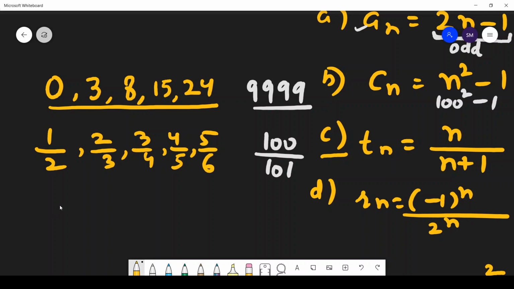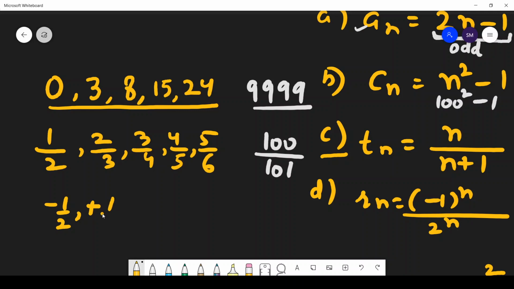Now next part, Rn is equal to minus 1 raised to power n upon 2 raised to power n. So what is the first term? Put n equals 1. Minus 1 by 2. Next term. 1 by 4. So if the power of n is even, you will get plus 1, right?